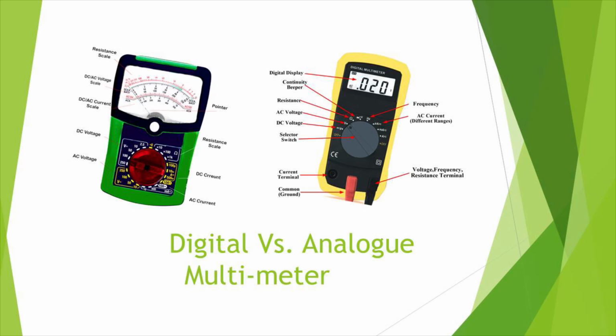Now, I would like to compare these two to get to know more about the accuracy, input impedance, and varying signal. For accuracy, analog multimeters have a typical accuracy of 5%, but care has to be taken when reading to avoid parallax error. As the meter ages, the magnetism in the coil degrades, which also affects the accuracy.